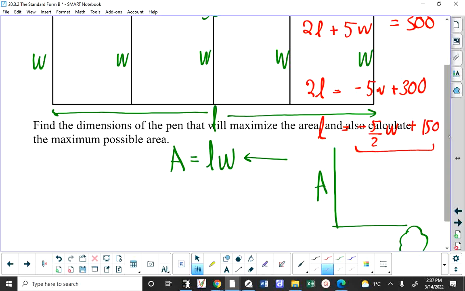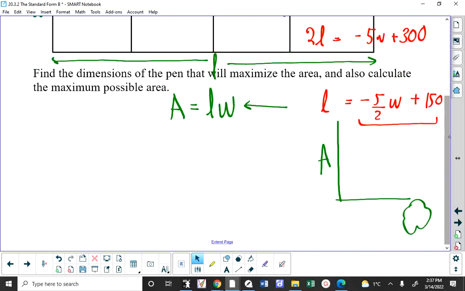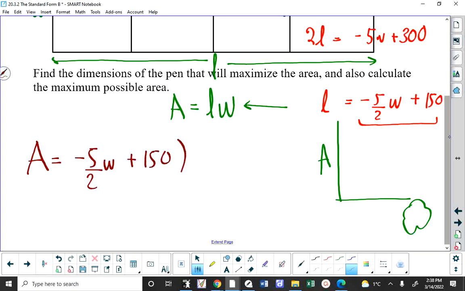This is what we are going to put in for L into that equation, giving us A equals negative 5 halves W plus 150, times W. Multiply that W through: negative 5 halves W squared plus 150W.